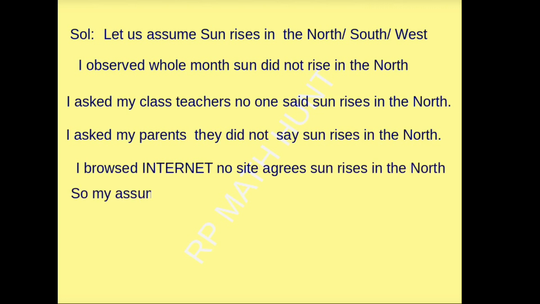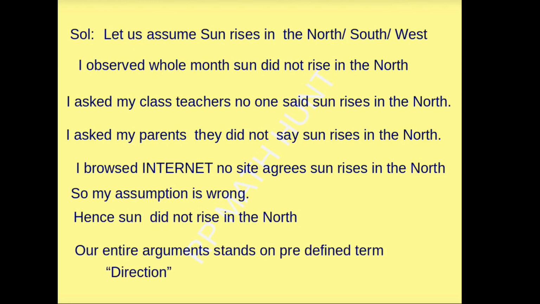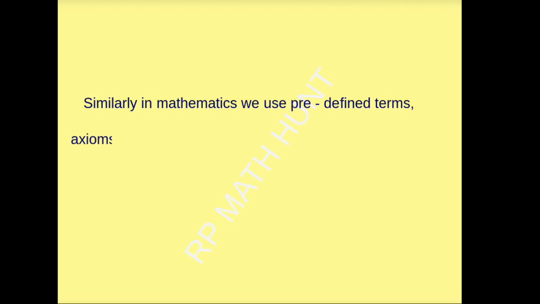So my assumption is wrong. Hence, the sun does not rise in the north. Only the sun rises in the east. Our entire argument stands on the predefined term direction, isn't it? Now, similarly, in mathematics, we use predefined terms, axioms, postulates, or theorems for our arguments.